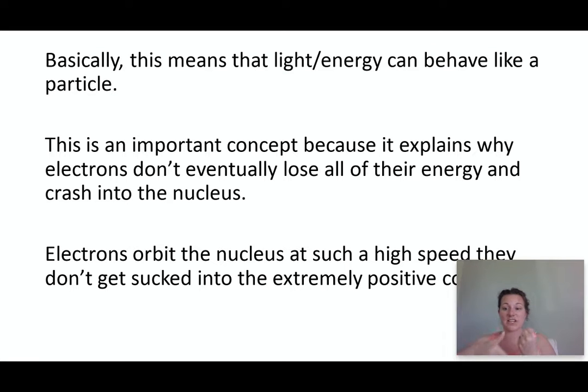The electrons are spinning around the nucleus so fast, it's that speed that keeps them from being attracted into the positively charged nucleus. Because they are not releasing energy continuously as a wave, they maintain that really high energy that allows them to continuously rotate around the nucleus.